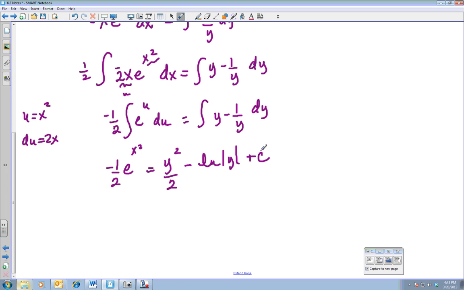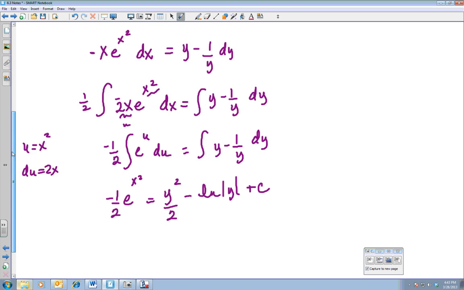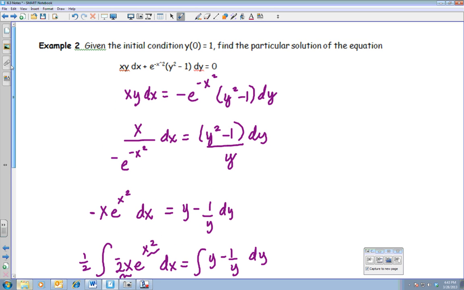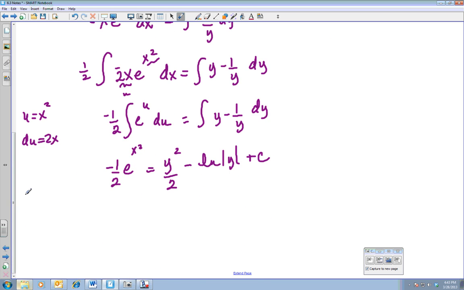Okay, now in this problem, the directions said, given the initial condition y of 0 equals 1, find the particular solution of the equation. So that means I'm going to plug 0 in for x and 1 in for my y. Okay, so I can go ahead and do that at this point. I'm going to go ahead and write down that point again. It was 0, 1.